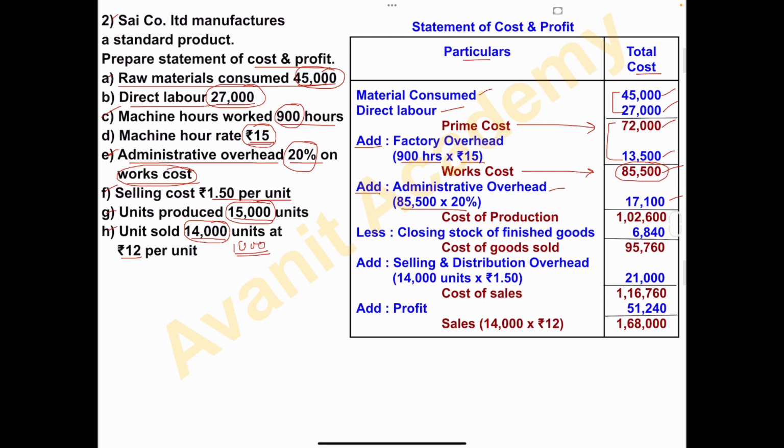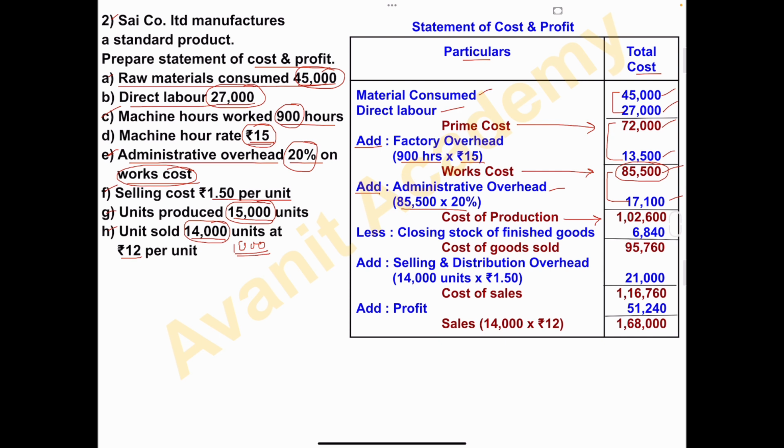So 20% of works cost will be 17,100. 17,100 is the administrative overhead. Add these two amounts. 85,500 plus 17,100 and the total is 1,02,600. This is called cost of production.